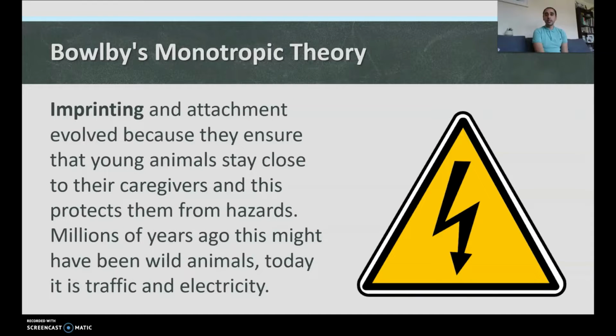As we saw in previous lessons, imprinting and attachment evolved because they ensure that young animals stay close to their caregivers and this protects them from hazards. That was research done by Lorenz with his geese and Harlow with his monkeys. Millions of years ago, this might have been wild animals, but today, this survival instinct is possibly helping us survive from traffic and electricity.